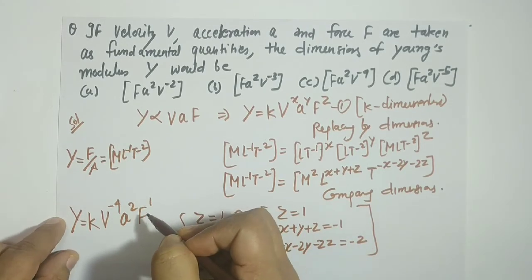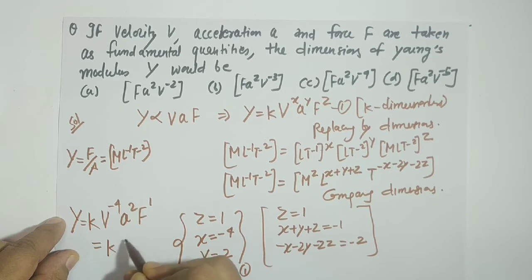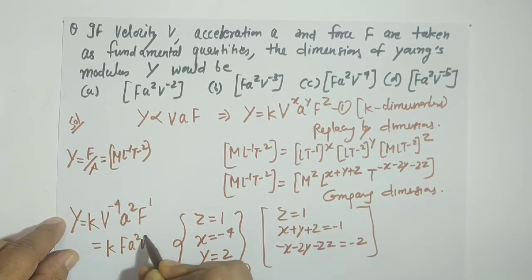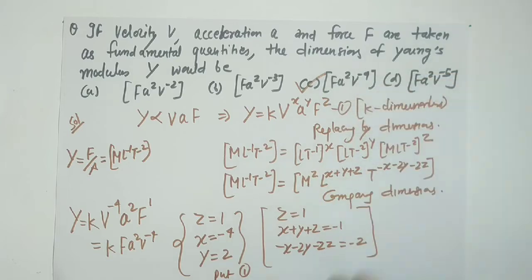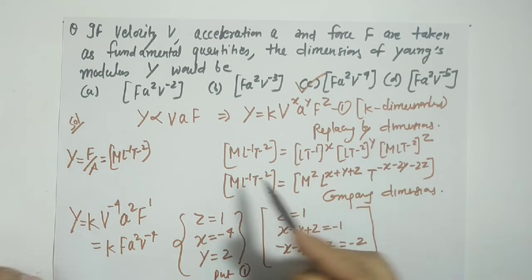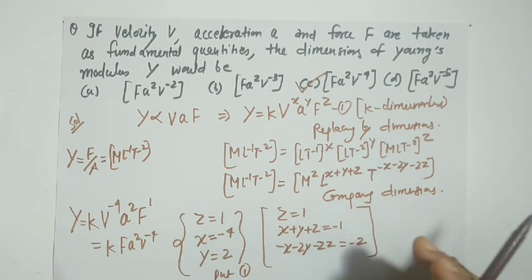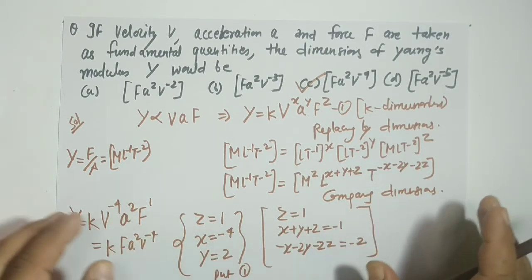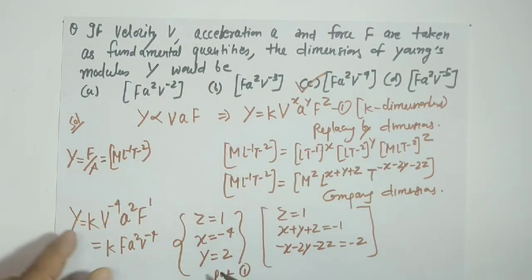So that means your answer is K f a square v to the minus 4. So C is the answer where we can find out the value of these three. So very simple, you proportionate it. Any type of quantity can be asked in this way. So you have to answer how to calculate and convert it. Just comparing and solving these three equations, you get the answer.